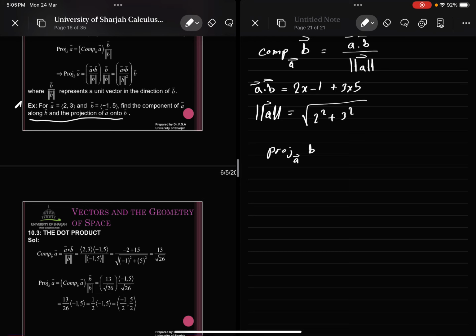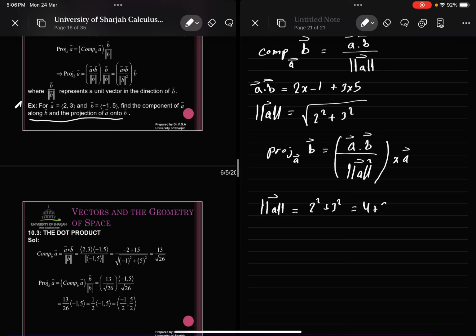For projection, he said projection of a into b, so it will be a dot b over magnitude square of a times a. So same thing, but the magnitude of a we will square it, so it will be 2 square plus 3 square, 4 plus 9, it will be 13.